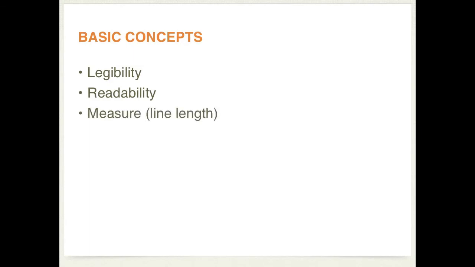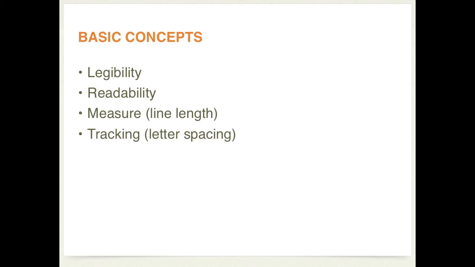Measure or line length. This is the length of the individual lines of text. You should know that 66 characters is regarded as the optimal line length. Finally, tracking or letter spacing. This represents the space between letters and can also be viewed as the density of the blocks of text.